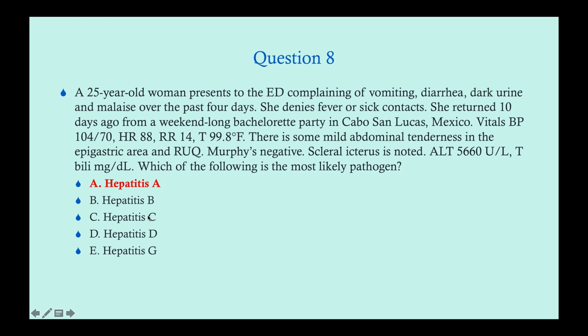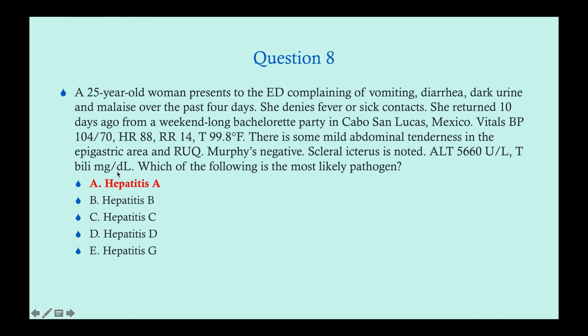And then hepatitis B and hepatitis C you only get from IV drug use, sexual contact, blood transfusions, needle sticks. It's transmitted through blood. So you're not going to get that unless you have those kinds of risk factors. Furthermore, hepatitis B and hepatitis C cause chronic illness, not acute illness. This is somebody who's presenting very acutely.